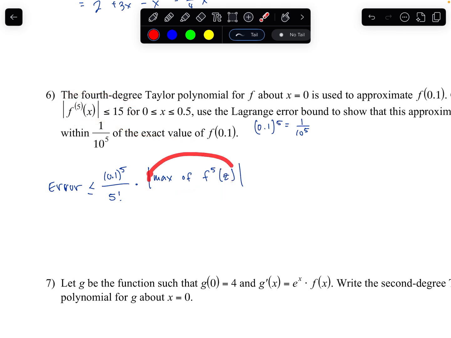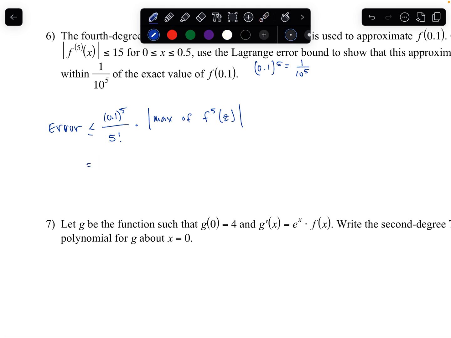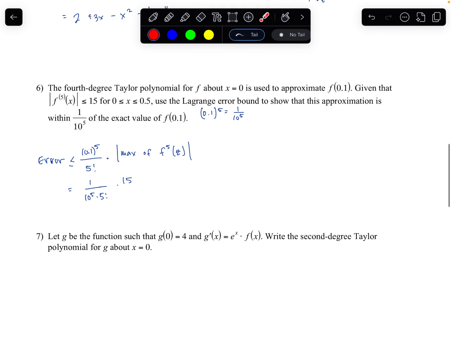The maximum value of our fifth derivative of f is no greater than 15. So that's the maximum value. So this is going to be equal to 1 over 10 to the fifth times 1 over 5 factorial times 15. And now all that's left for me to do is to show that this expression is within 10 to the fifth.